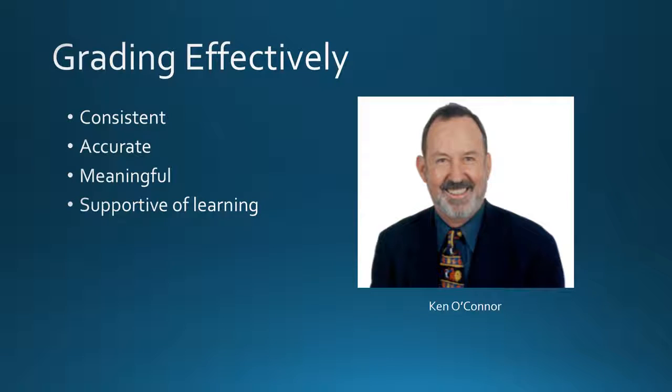Ken O'Connor speaks about 4 aspects of effective grading. One is that it's consistent, that teacher to teacher in a particular grade level are grading in the same way against the same standards. That it's accurate, that it's meaningful, and most importantly, supportive of learning, so that it's something that helps students know where they are on the learning trajectory.